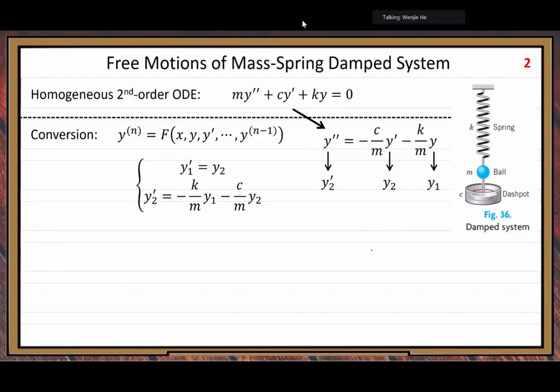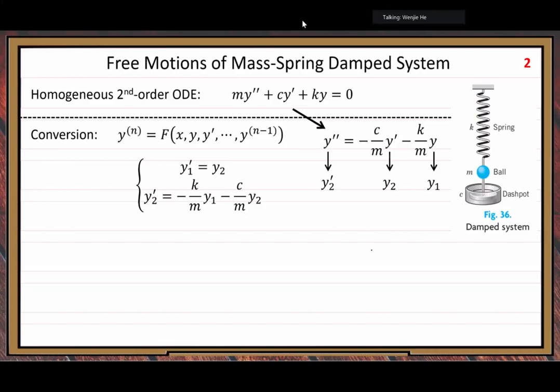In linear algebra, we only work on first order mathematical objects. Here, they are second order mathematical objects, so it does not fit the framework of linear algebra. After we change the form, this time we only have first order mathematical objects, so now it fits the framework of linear algebra.